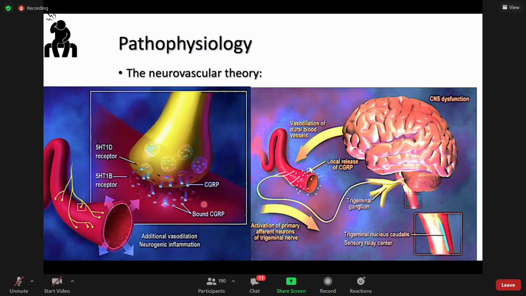In addition to the release of calcitonin gene-related peptide, we have the release of serotonin, which is 5-hydroxytryptamine. And serotonin has several types of receptors. The type 1D and the type 1B are responsible for pain sensation.